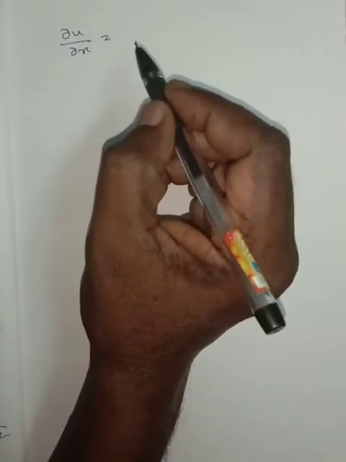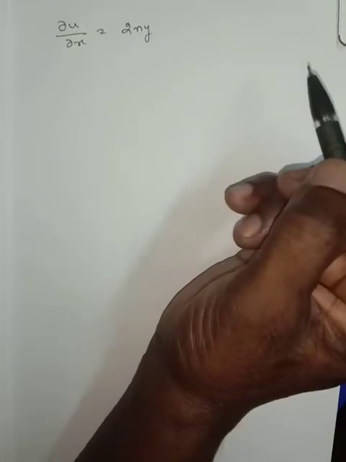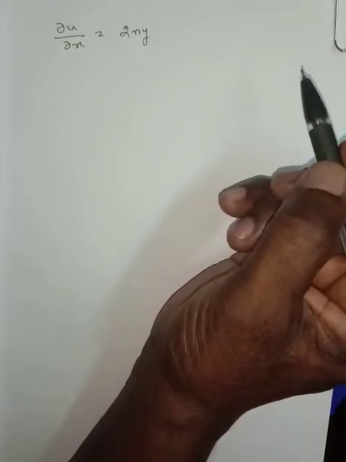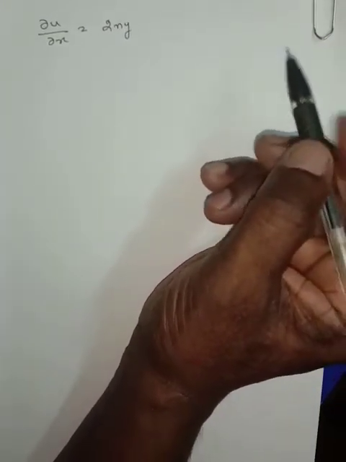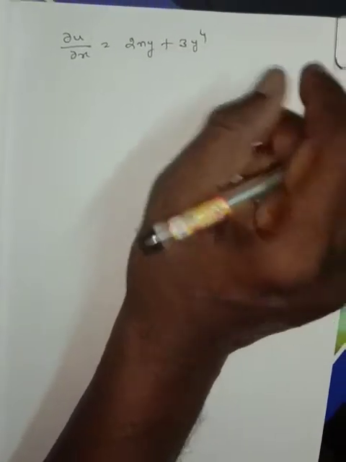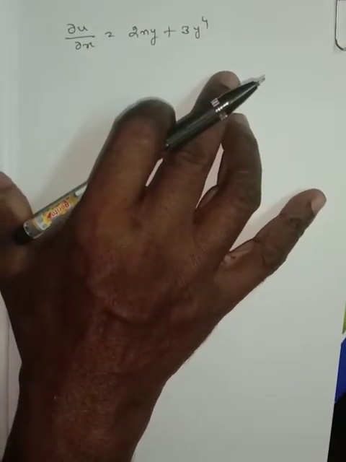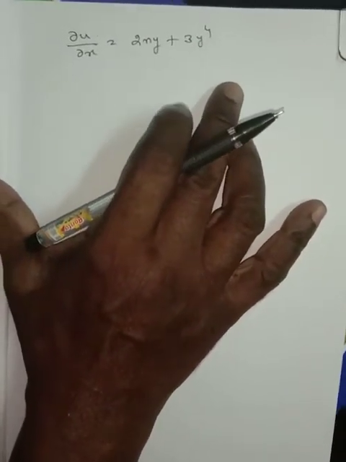Dou u by dou x is equal to 2xy plus 3y to the power of 4.